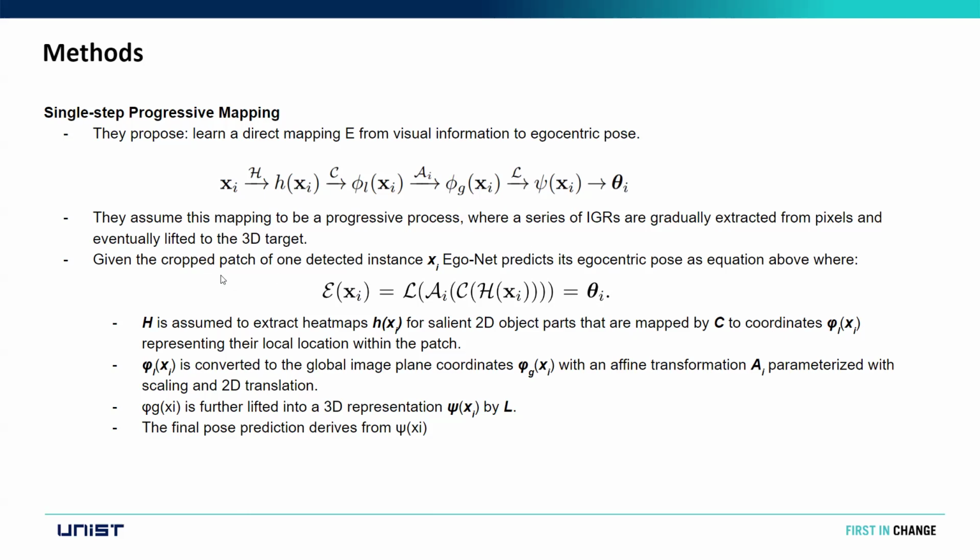So given the cropped patch of one detected instance, the EgoNet predicts the egocentric pose as below. Here, H detects the heat maps for that instance, and then the function C maps those heat maps into key points or bounding boxes.